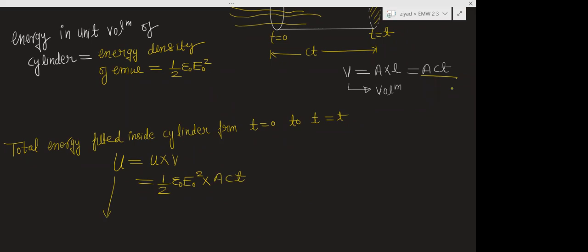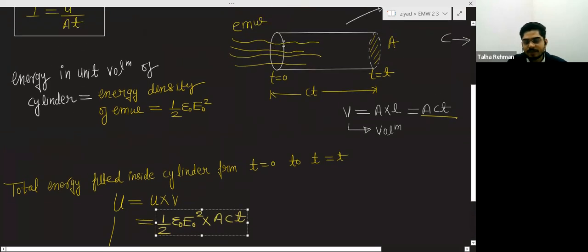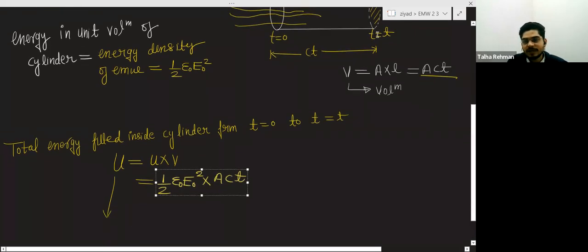So basically, this amount of energy is crossing this area perpendicularly in a time interval 0 to t.